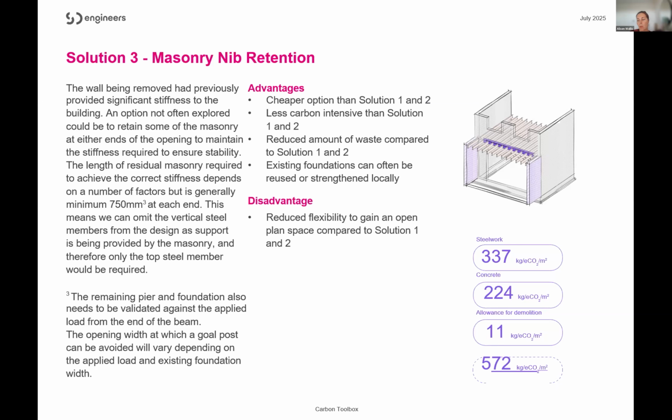And also whether you would willingly commit to retaining some masonry nibs very much depends on the ambitions of the project. We have in this study also allowed for underpinning the existing walls. But this provides quite a clear guide to an architect and client and our team of what the relative embodied carbon is.